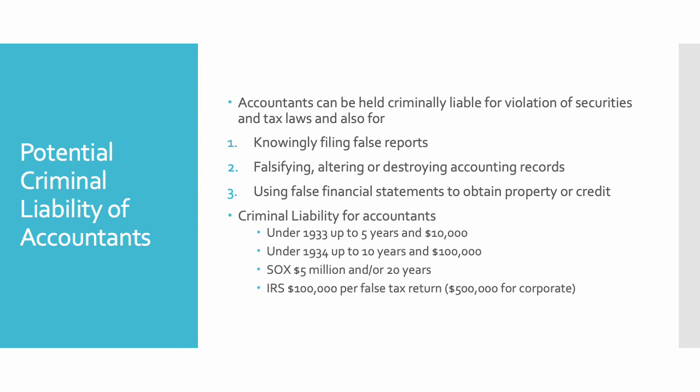And so it has some teeth: $5 million and or 20 years. And those aren't exclusive. You can get both, the $5 million fine and the 20 years in jail, for violations of Sarbanes-Oxley. And of course, you see the IRS criminal liability for filing a false return: $100,000 per return or $500,000 for corporate returns.